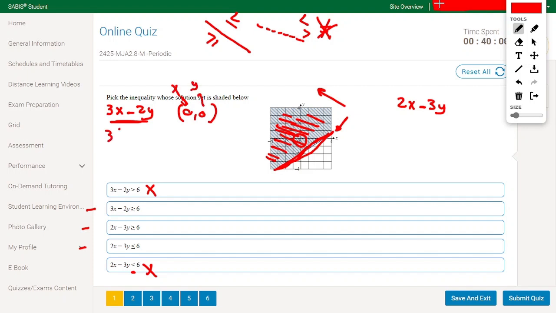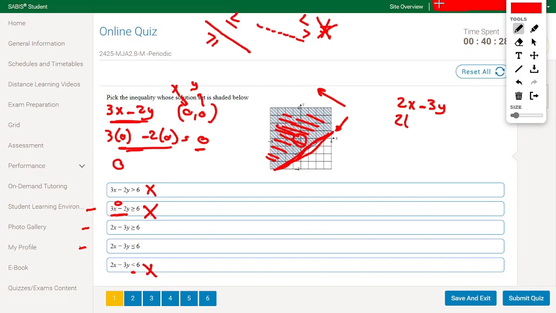So we will have 3 multiply 0 minus 2 multiply 0 equal to 0. So now the left side of the inequality is 0. Is 0 bigger or equal to 6? No, so this is not the right answer. We have here also 2x minus 3y.